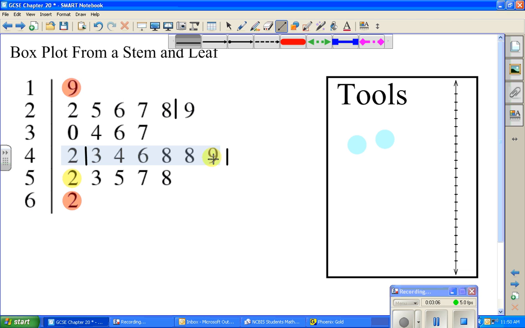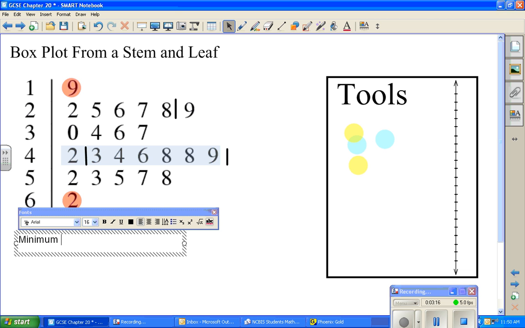So we can take our set of values now, and if we put them down here, minimum is 19, lower quartile is halfway between 28 and 29, so 28.5. The median, instead, is halfway between 42 and 43, so 42.5.